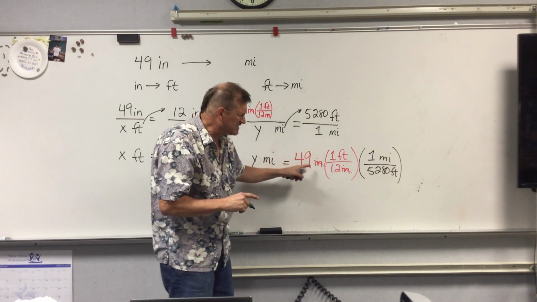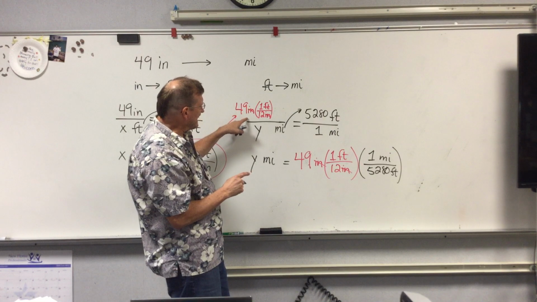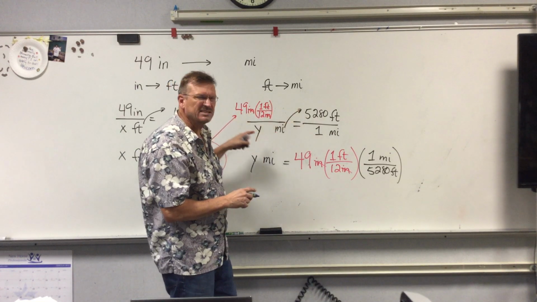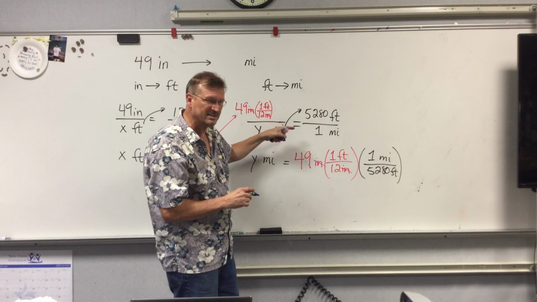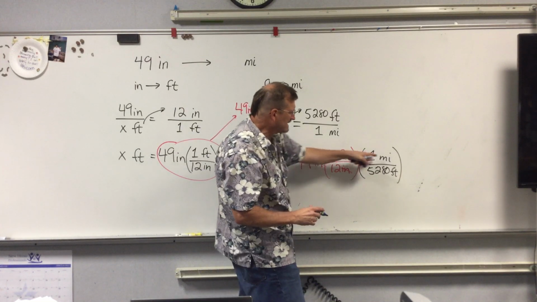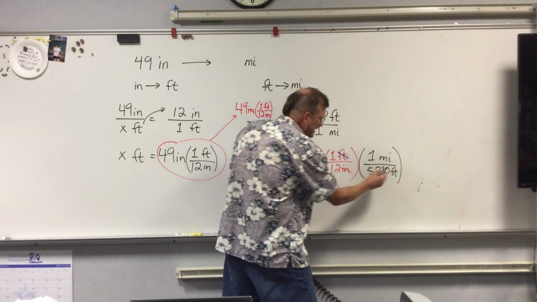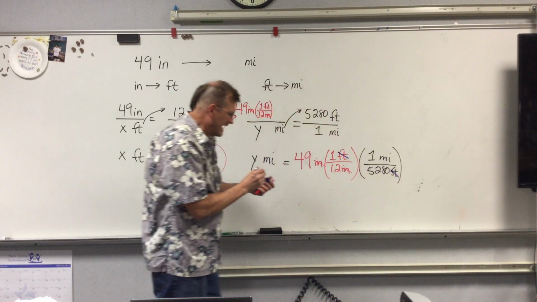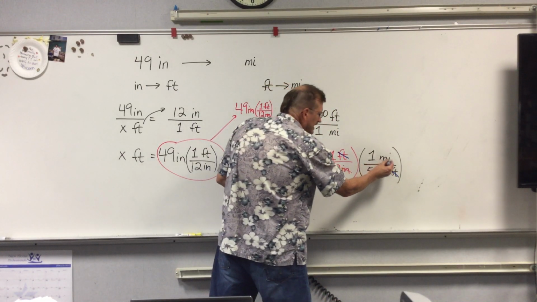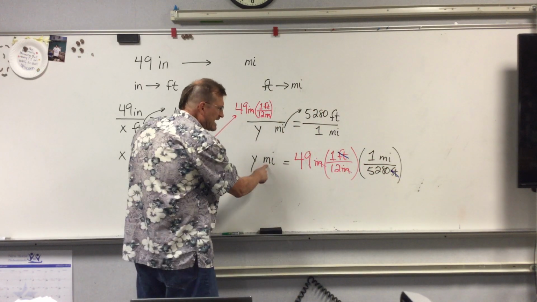So I had an answer in feet. When I plugged that answer in here, and I processed it through a second ratio process, what I ended up with is this tacked on to the end, but check out the units. This feet cancels that one, and the unit I am left with is miles, which is exactly what I want here.